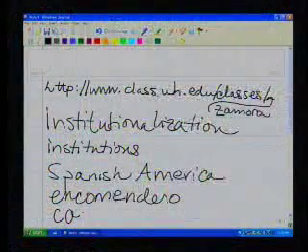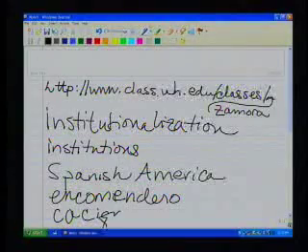called by a variety of terms in different indigenous languages, but once the Spanish arrive, the native leader is often called, regardless of the area, by the term cacique.